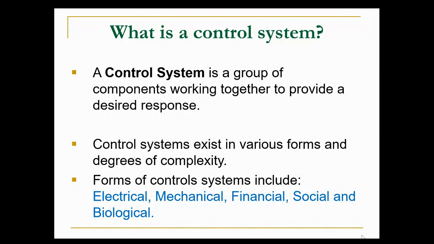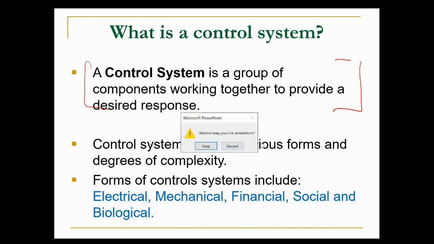In this definition, there are some keywords I want to bring to your attention. I'm not able to see the raise hand feature now, but if you could just open your microphone and tell me what word it is. If you were to take one word or two words, what would those two words be that would capture the essence of what a control system is? Can you just open your mic? I'm going to try it now.